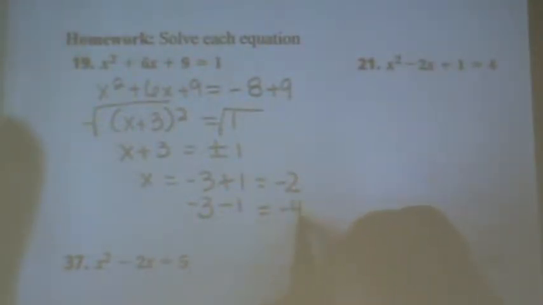Factor. This is a perfect square trinomial. Square root both sides. X plus 3 is equal to plus or minus 1, and subtract 3. It's negative 3 plus 1 and negative 3 minus 1. So negative 2 and negative 4 are your two answers.